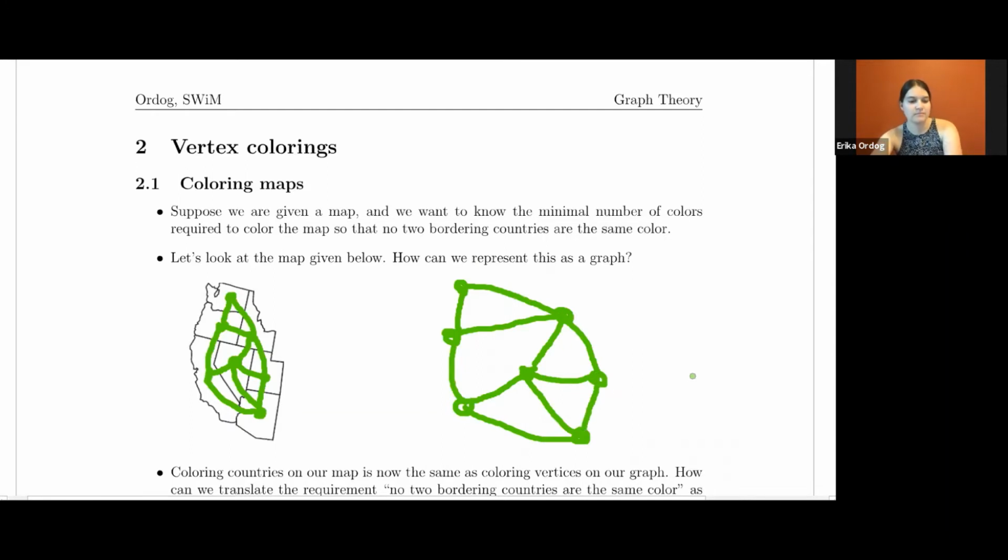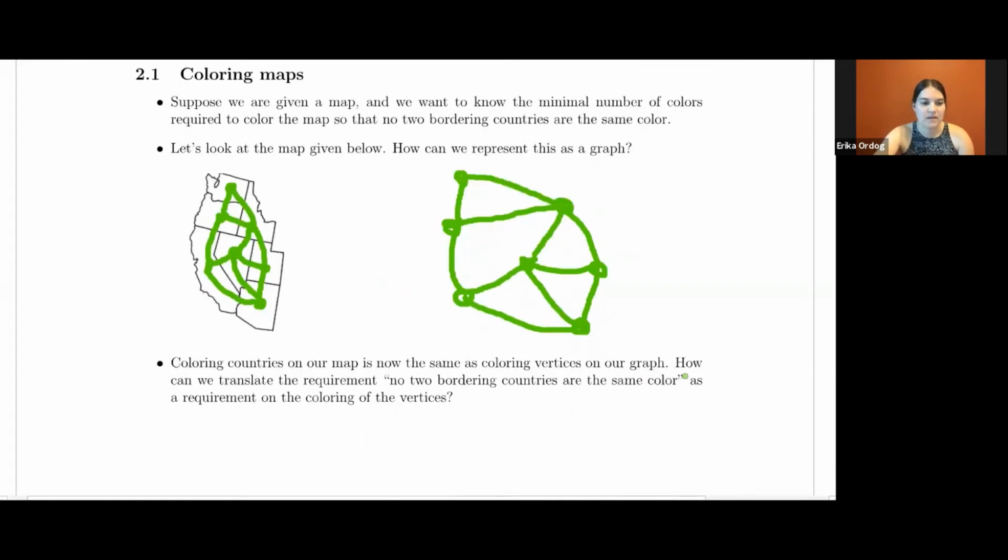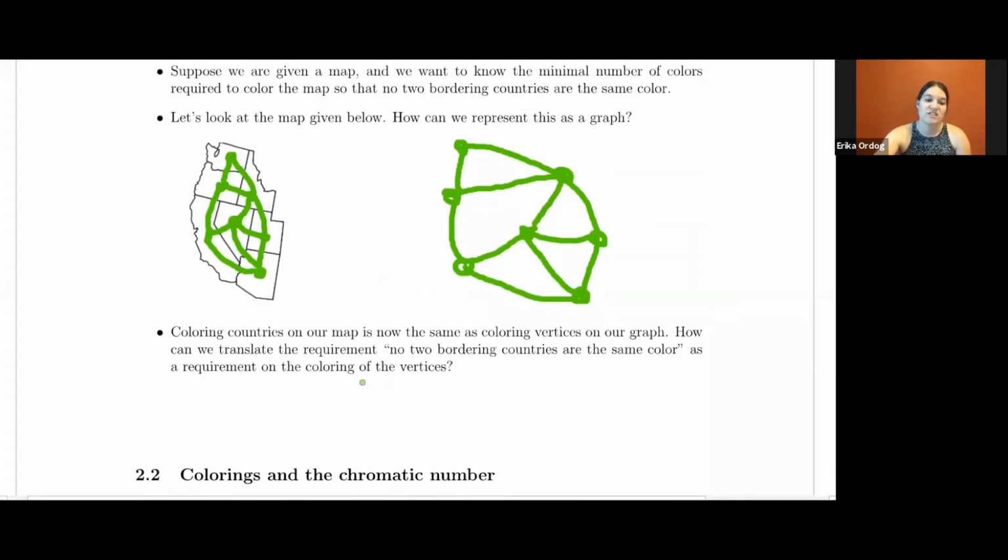Okay, so now that we have a graphical representation of this map, we want to think about what kind of things we want to impose on this graph to answer the question. So now coloring countries or states on our map is now the same as coloring the vertices of our graph. So how can we translate the requirement that no two bordering countries or states are the same color as a requirement on the coloring of the vertices?